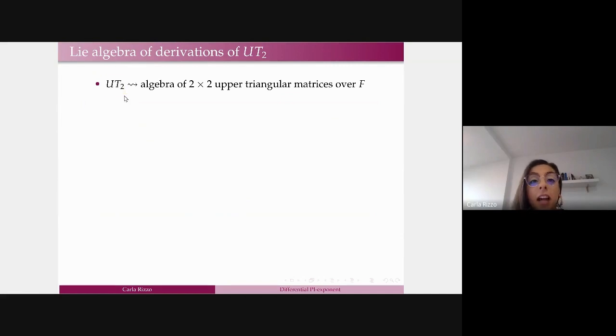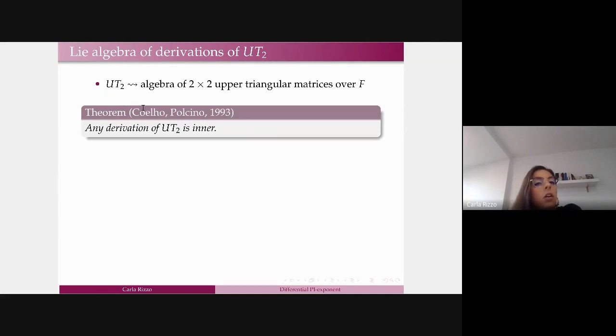If we consider the algebra of 2 times 2 upper triangular matrices, then Coelho and Polcino Milies in 1993 proved that any derivation of UT2 is inner. They actually proved that any derivation of UTk over a field is inner.